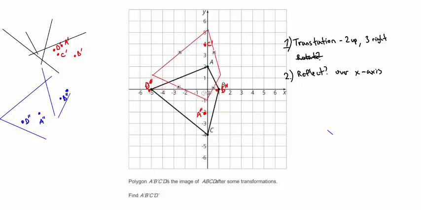Translate up 2, over 3, and we end up in a completely different position. So yes, it is important the order that you describe your transformations, or that you perform your transformations.